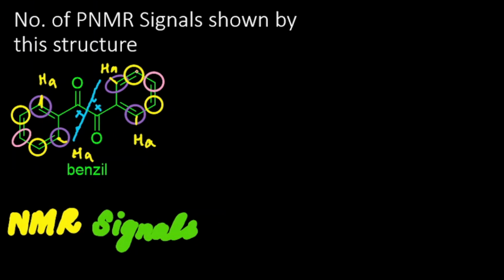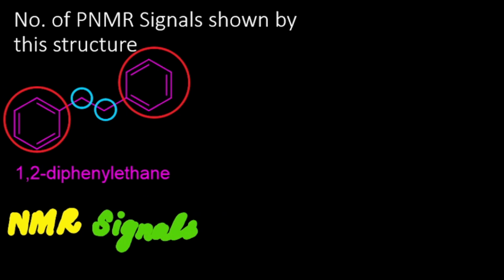Now this hydrogen, this, and this hydrogen: this is Hb, Hb, and here also Hb and Hb. It means these four hydrogens will give us the same type of signal in the proton NMR, and this is the Hc, and similarly this is the Hc. So in benzil, we will get three signals in total.